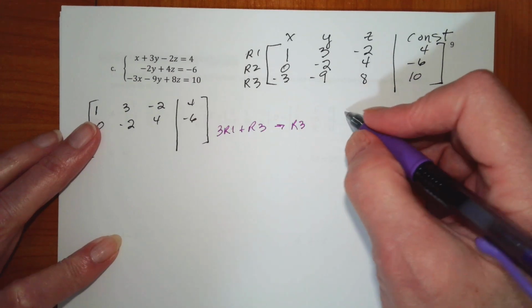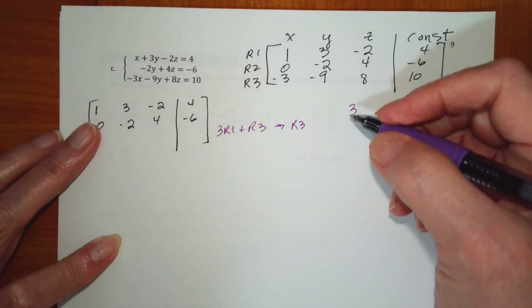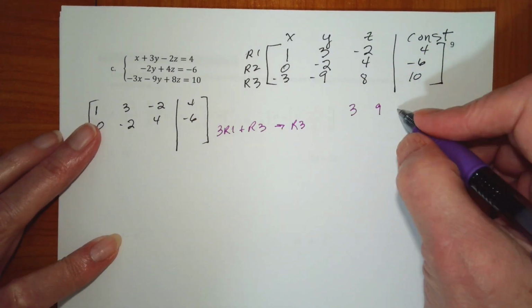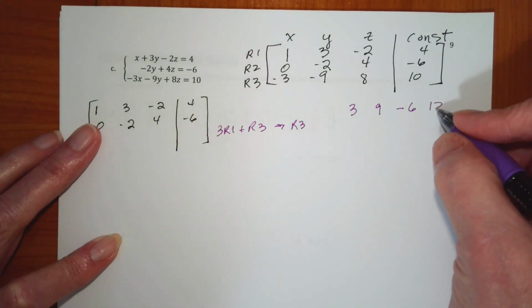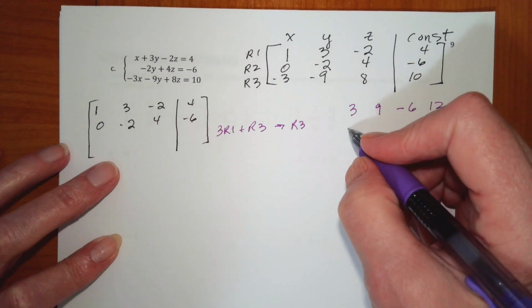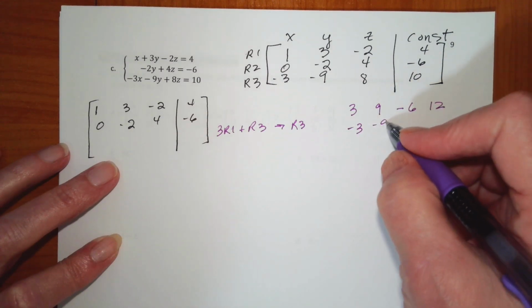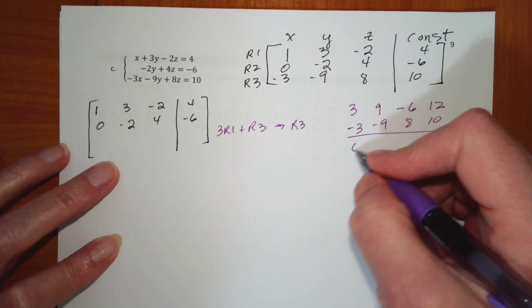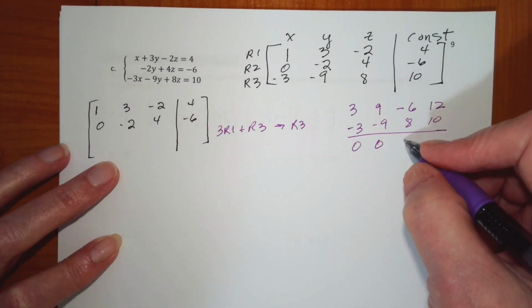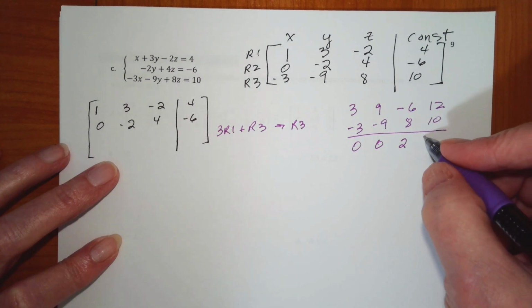So 3R1 becomes 3, 9, negative 6, 12, and then negative 3, negative 9, 8, and 10. So that gives me 0, 0, oh, this is nice, 2, and 22.